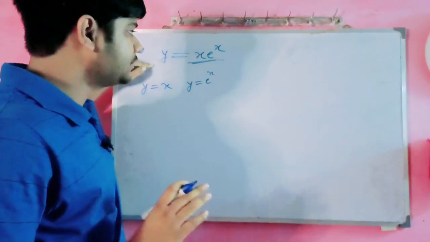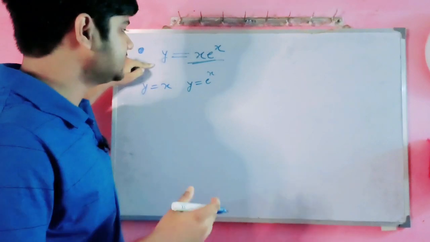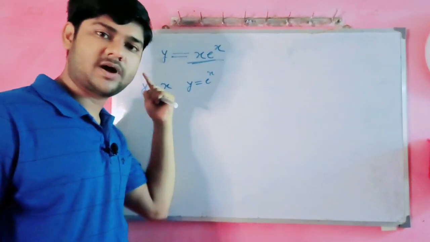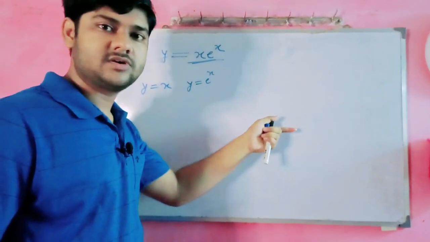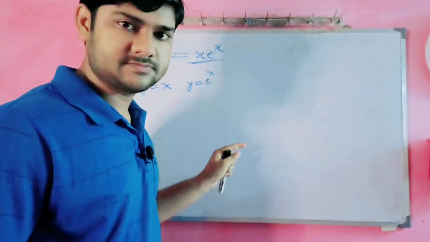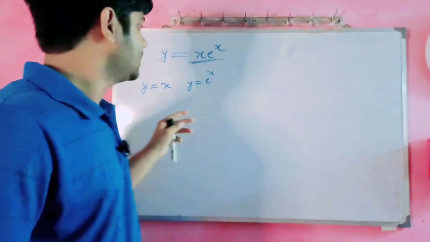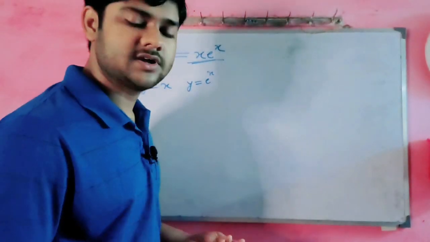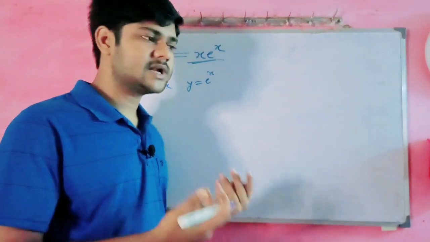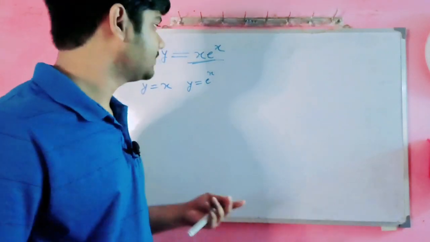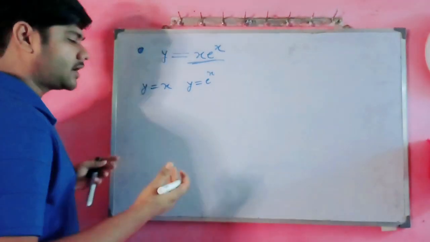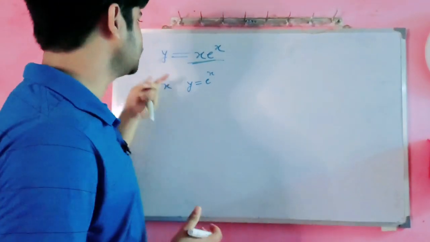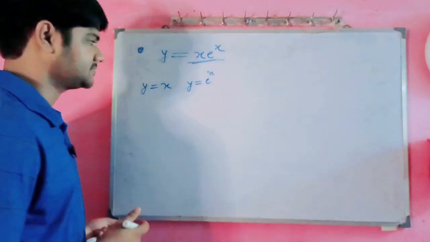So we will not do the previous thing, where we put in a value of x, get the value of y, and plot it on the graph. We are not going to follow this procedure. Rather, we will divide it into two separate equations whose graphs are known to us. After that, we will combine these two graphs, and the final graph will correspond to the mixed equation.